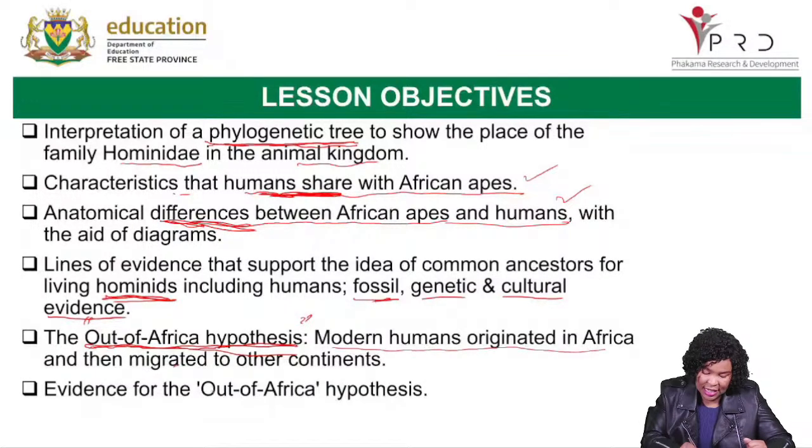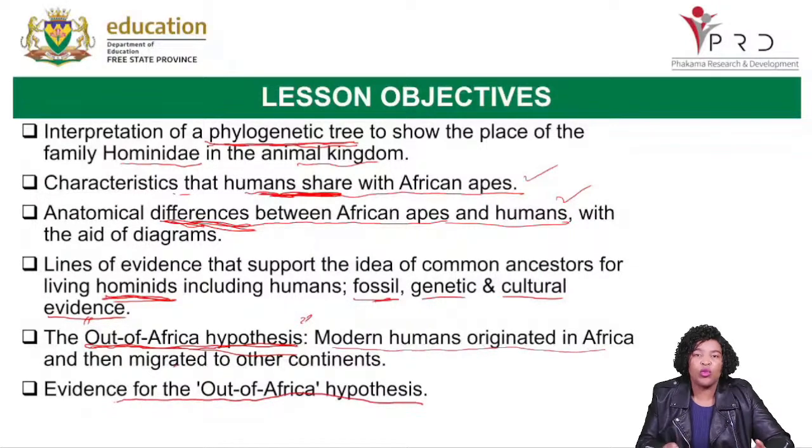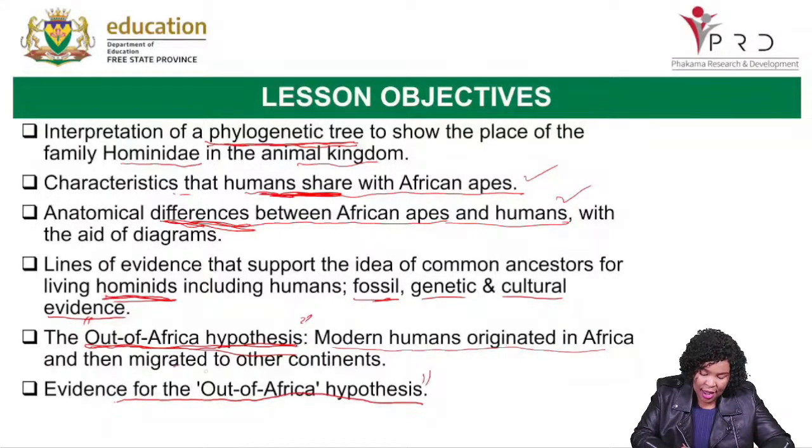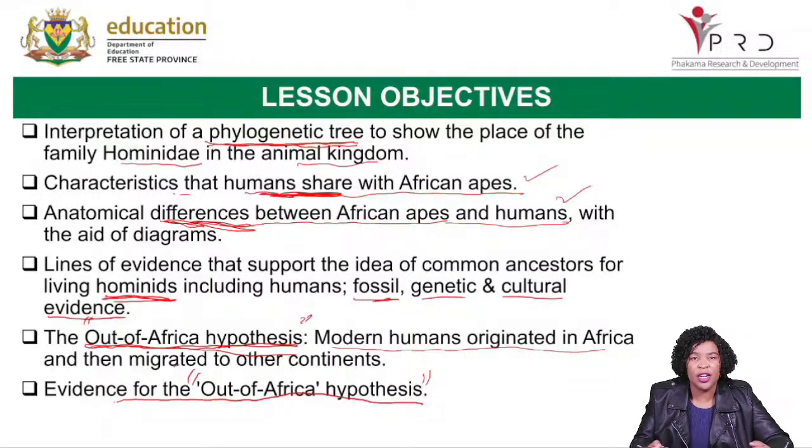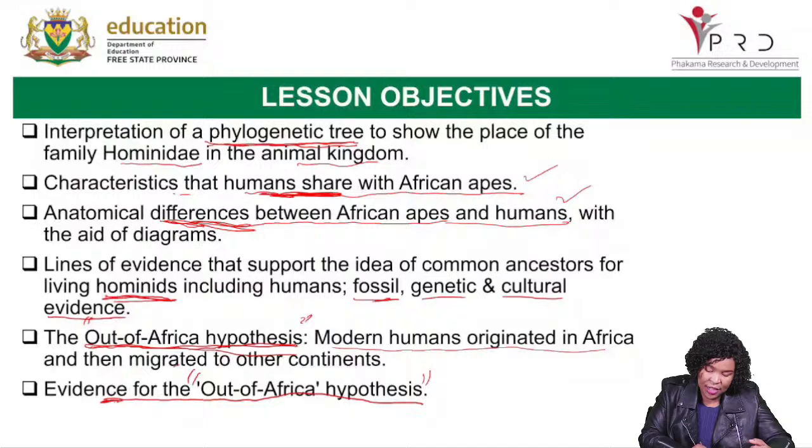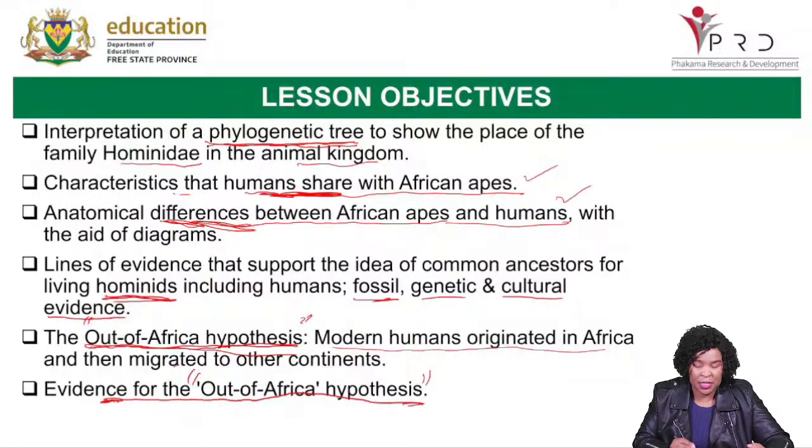It means they originated here. Then you must also give the evidence for this out of Africa hypothesis. And seeing that we've done a hypothesis, a theory and a law, you know why this is a hypothesis and not a law or a theory. So you will also give the evidence to prove this hypothesis.